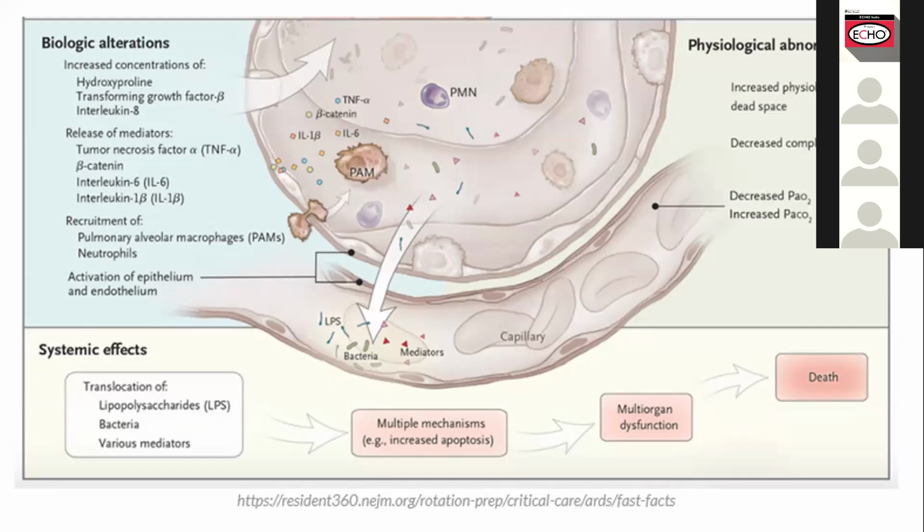Through these mechanisms at distant organ sites, you can have organ dysfunction, and the organ dysfunction is going to cause cell death, or you are going to lose the patients from all the interaction of these mechanisms.